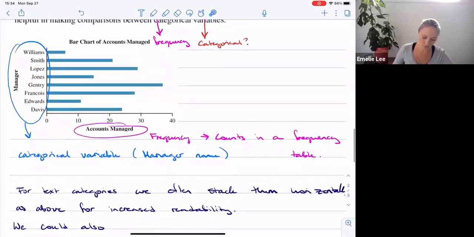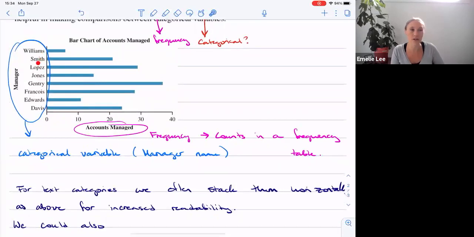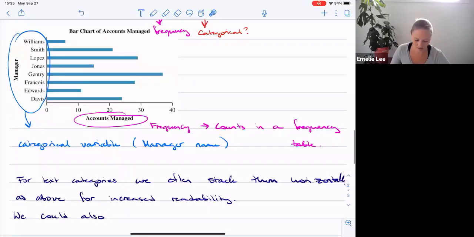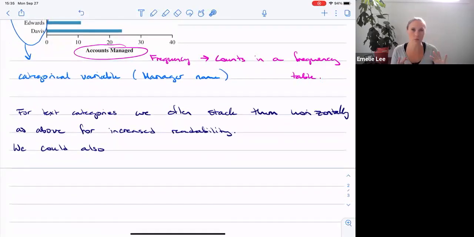Here we could argue that we could list these alphabetically, and so it could be an ordinal variable, or if it's more useful to us to know who has the most number of accounts to the least number of accounts, then we would organize them that way. It just depends on what we want to know, what we want to emphasize.